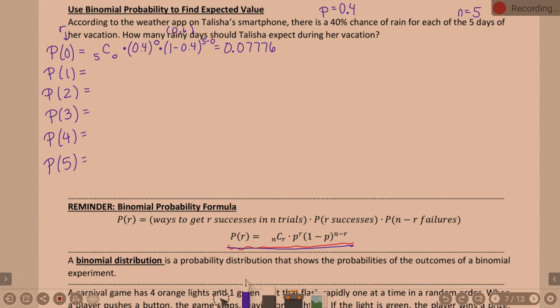Now we're repeating this process. Probability at 1 day: now it's 5C1 instead. Instead of 0.4 to the 0, it's 0.4 to the 1. That 1 minus 0.4 is always going to be 0.6. And now, instead of 5 minus 0, it's 5 minus 1, or if you prefer, you can just put 4 in there.